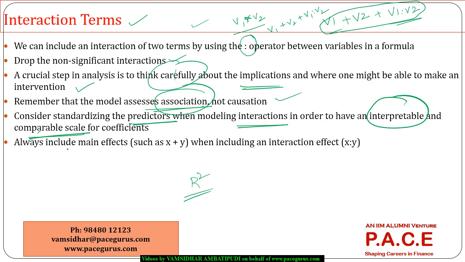So that's one more place where I can look at standardizing the variables. Whenever I am including the interaction effect, make sure that the main effects are also included. So either you use x star y, or at least use x plus y plus x colon y. That's what we need to be comfortable with respect to the interaction terms.